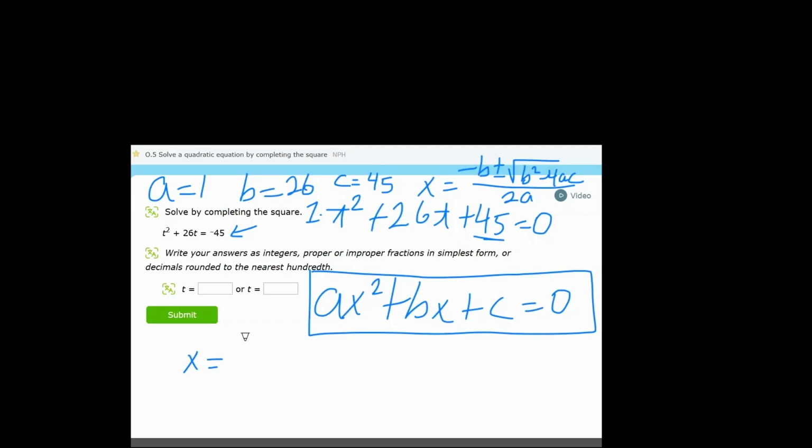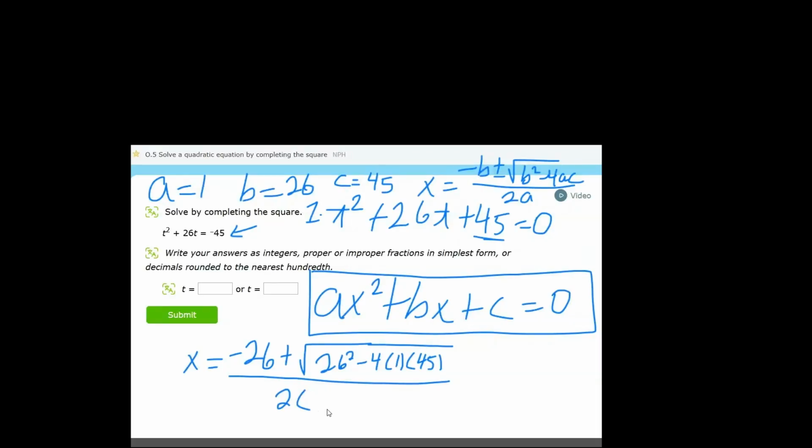Because my b is positive 26, negative b is going to have the opposite sign, so I use negative 26 plus the square root of 26 squared minus 4 times my a, which is 1, times my c, which is 45. Okay? And that's everything over 2 times a, and my a is 1.